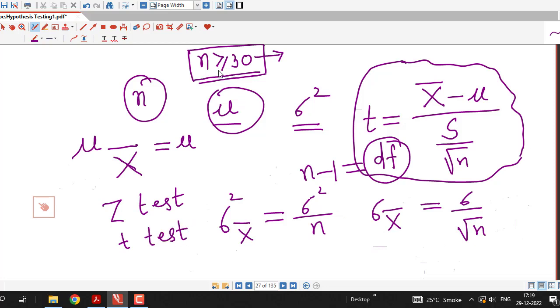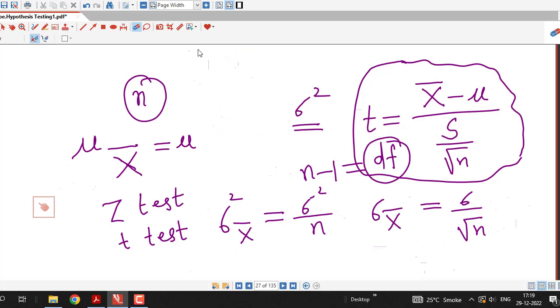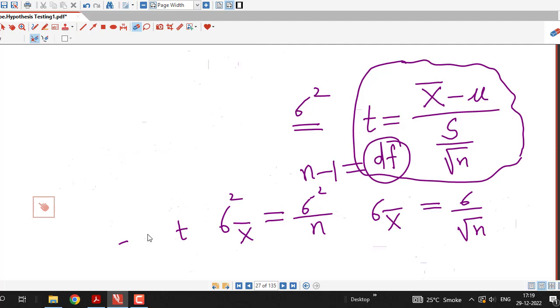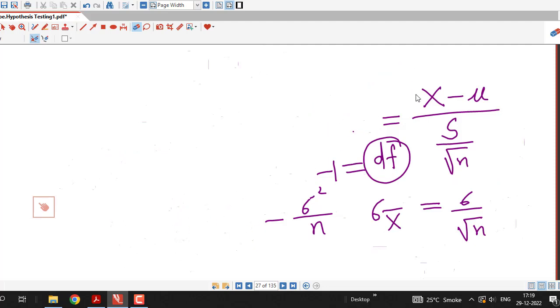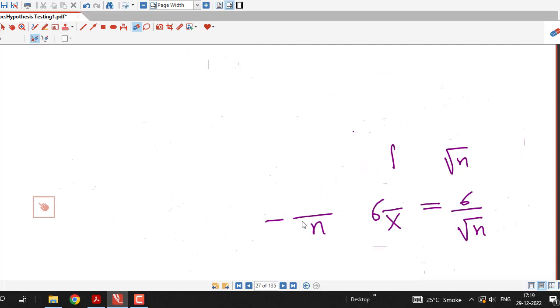A sample size greater than or equal to 30 we consider as large sample, and if n is less than 30 we consider that sample as small sample. So this is what we have discussed up to lecture number 6. We have discussed how to test the hypothesis about population mean using sample statistic, either Z statistic or T statistic.